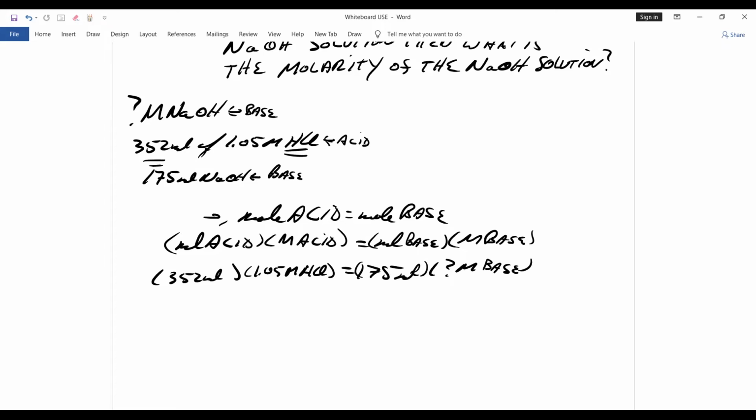And now we solve for this. How do we solve for this? We get rid of that. How do we get rid of that? Divide both sides by that number, because anything divided by itself equals the number 1.